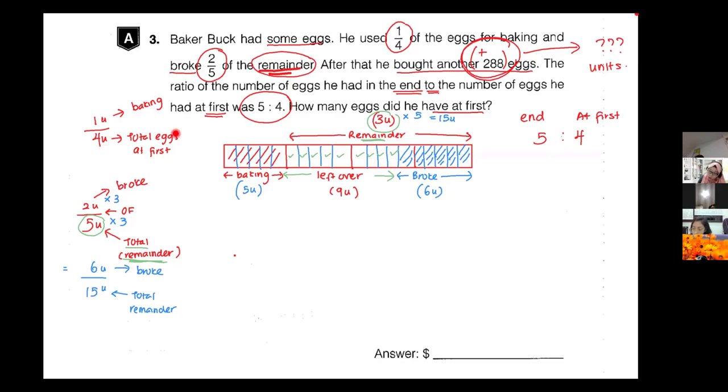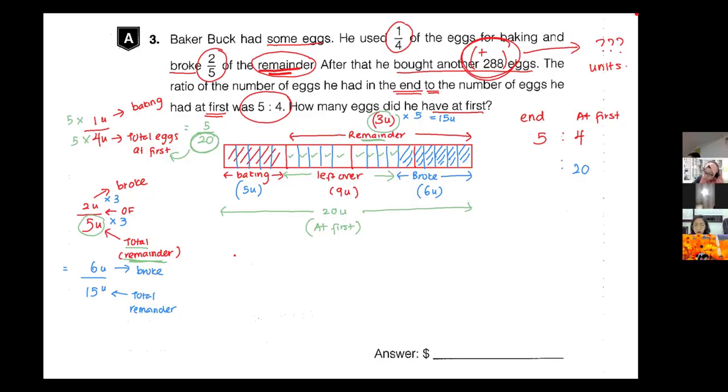And I cut up each part into 5 equal parts, so it's 5 over 20. Which means 20 is my total x at first. If you count the whole thing here, it's supposed to be 20 units. So at first he has 20 units of x.